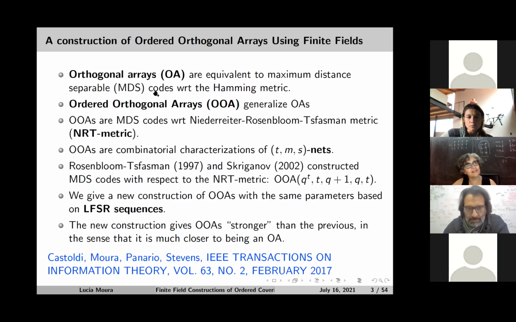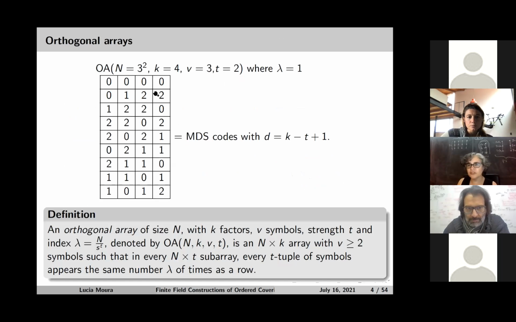So we'll start by introducing the basic objects, orthogonal arrays. As with many combinatorial designs, they are defined by a soup of letters, but some letters are more important than others. So let's look at this definition.